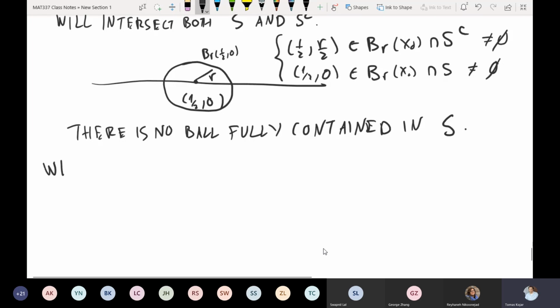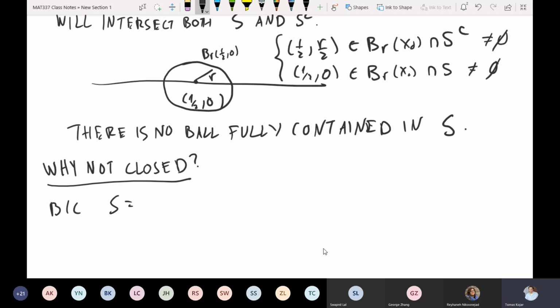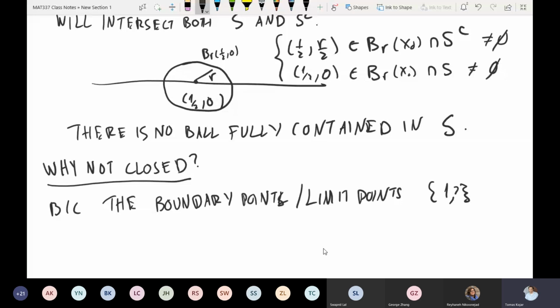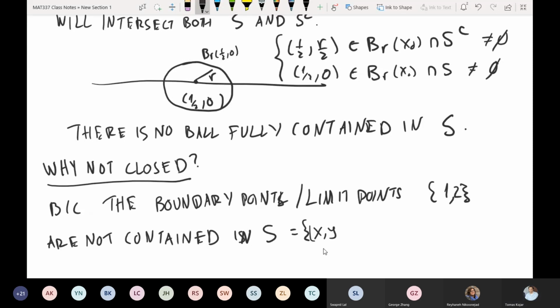Now the question is, why not closed? Because the boundary points, or if you like limit points, 1 and 2 are not contained in S. This is a strict inequality.